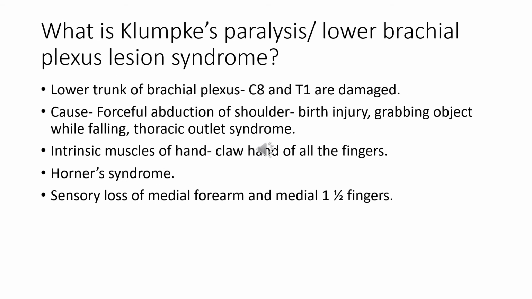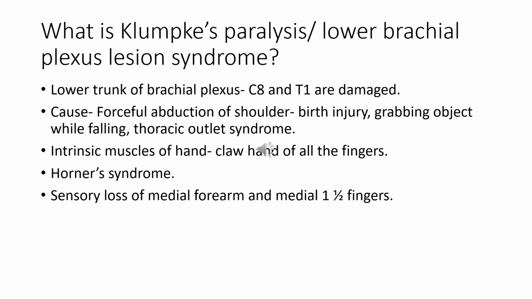What is Klumpke's paralysis or lower brachial plexus lesion syndrome? Now, Klumpke's paralysis is due to affection of the lower trunk of the brachial plexus, that is C8 and T1 are damaged. The cause is forceful abduction of the shoulder, like when grabbing an object while falling.